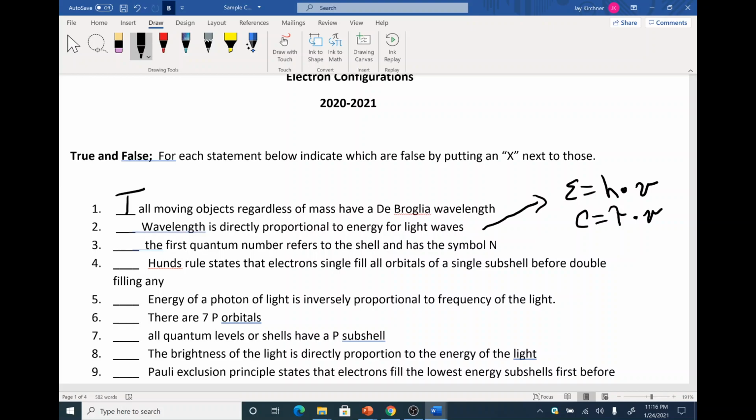So in other words, your wavelength is actually inversely proportional to your frequency. The bigger it is, the smaller this has to be. So if wavelength and frequency are opposite of each other, and frequency and energy are not opposite of each other, by inference, wavelength and energy must be opposite of each other. So this is false. So that's just knowing your equations.